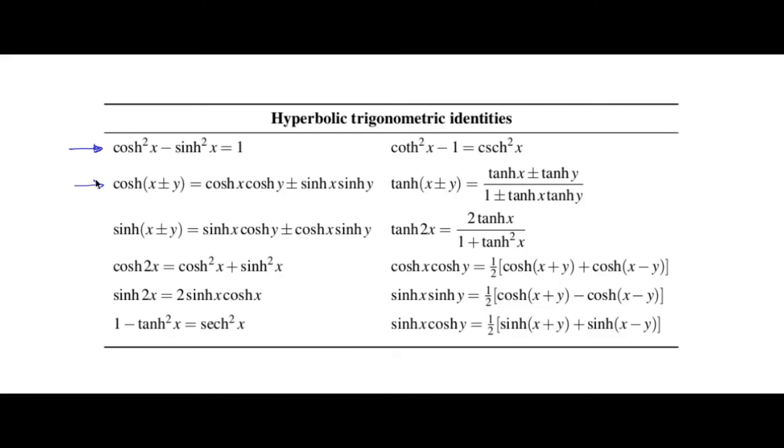And these two identities that look very similar to the ones of the normal cosine and sine are also very easy to prove. This is why these functions are called the hyperbolic cosine and hyperbolic sine, because they have a very similar behavior.